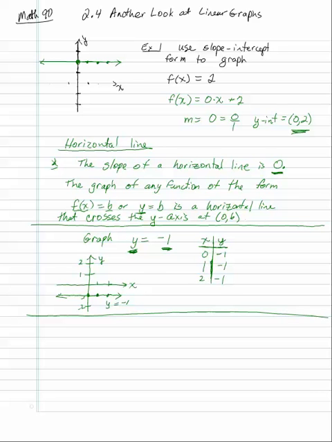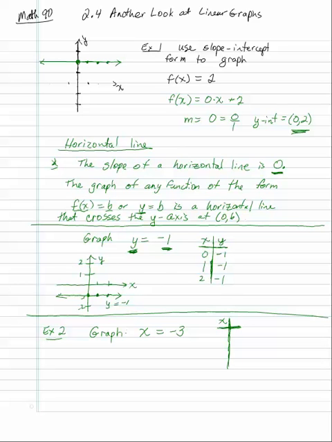Okay, now let's look. What if I switch it and ask you to graph an equation that had no y in it, but just x? So graph x equals negative 3. Now, if we go back to this technique of making a table and picking numbers and plotting points, well, first of all, you can't even do slope-intercept form because slope-intercept form is specifically y equals mx plus b.